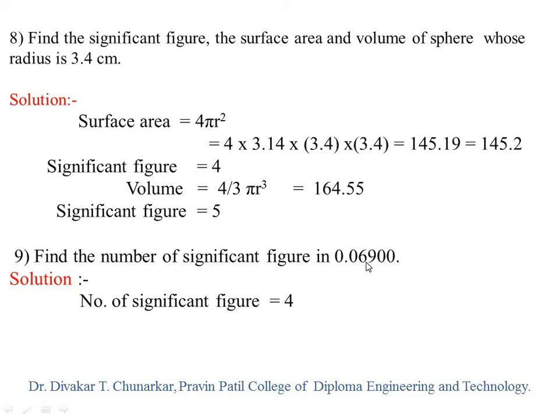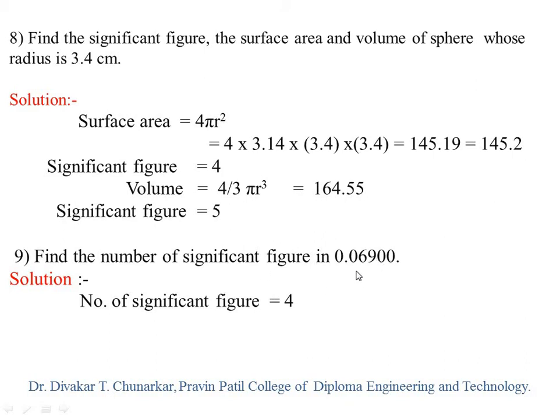So in this case 0.06900 has four significant figures, because these two zeros occur before the non-zero significant figures 6 and 9, so these 2 zeros are not significant, and the zeros coming after the non-zero significant figures, that is 0 0, these two zeros are significant.